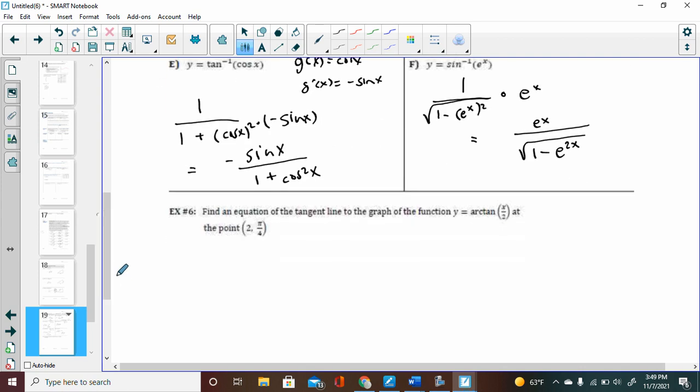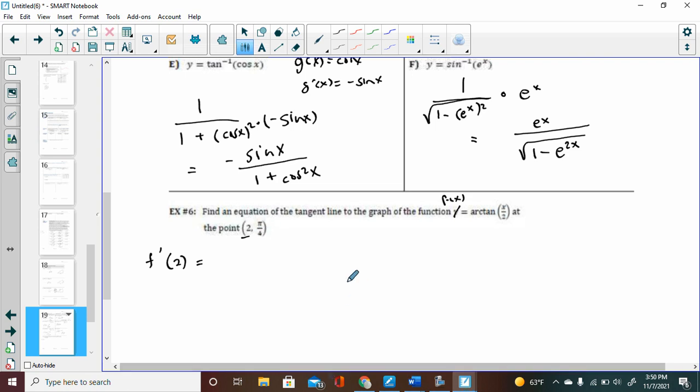Okay? And now we're going to work on a tangent line. So remember, we're going to call this f of x because I just love doing that, getting rid of that y. So I want to find f prime of 2. Let's write this tangent here, arctan of x over 2.